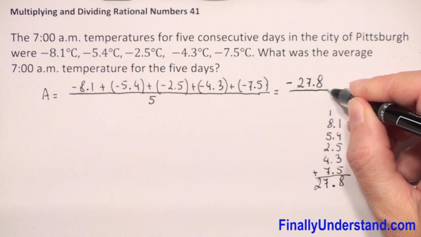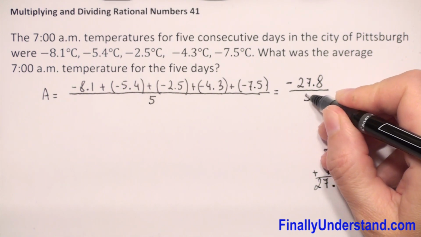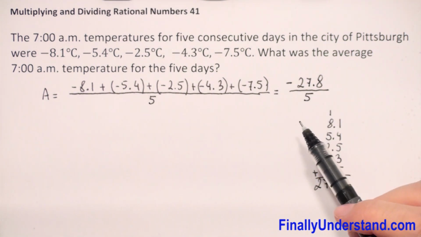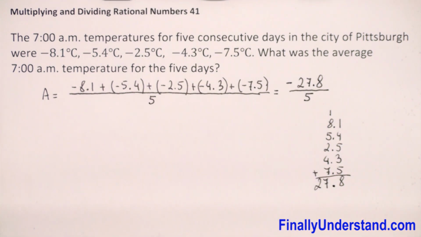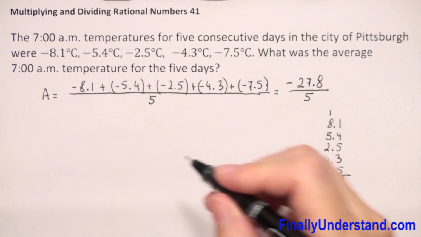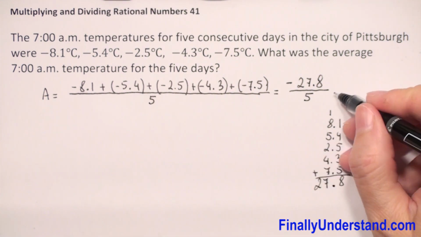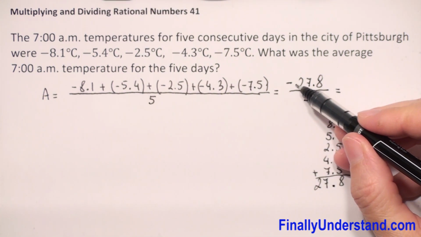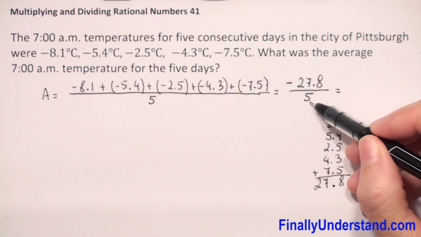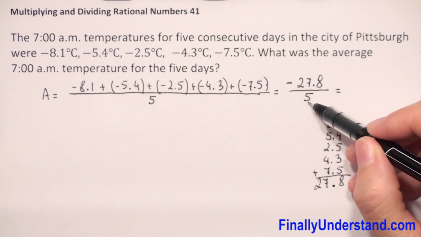We have to divide this sum by 5 because we have the result for the 5 consecutive days. So we have division. The numerator is negative and the denominator is positive.